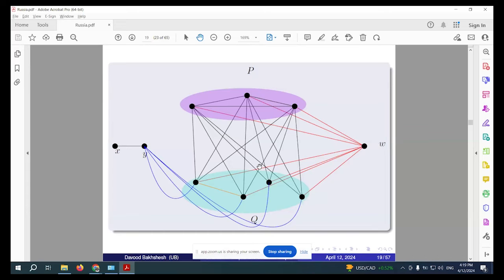Then we connect the vertex Y to all vertices in Q, and then we connect the vertex W to all vertices in P and Q.